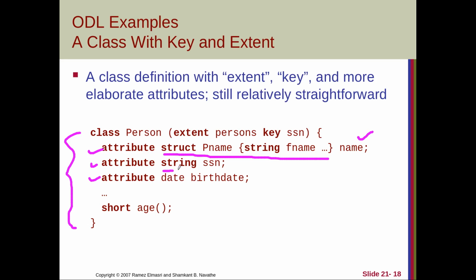Sometimes it can be a built-in type like string, or sometimes it can be another user-defined class that can be considered as the type of a particular attribute. And also we can specify some operation. Operations are usually specified by the operation name followed by parenthesis. Then we can have a return type before specifying the name of the operation.